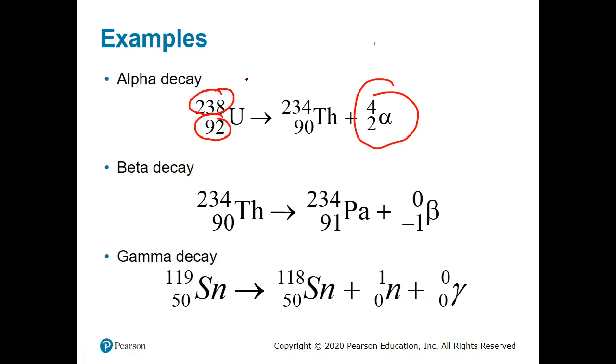So the resulting particle would have a mass number equal to 238 minus 4. That's where the 234 comes from. And its atomic number would be equal to 92 minus 2, which is 90. Element number 90 is Th, thorium. So if we see that uranium is undergoing an alpha decay, that's how we can determine that thorium-234 is the result of that alpha decay.